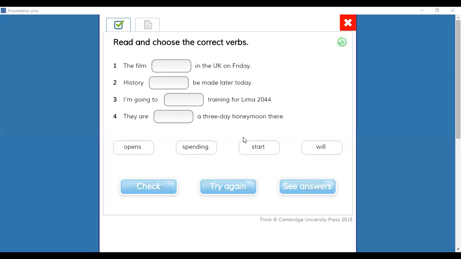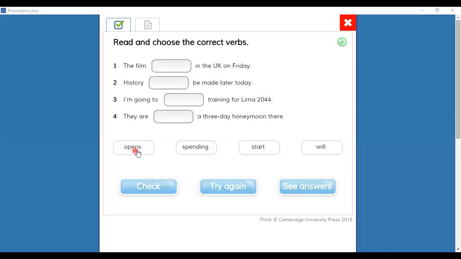Very close, Lady Coralie. Another idea. Wheel? The film will in the UK. No, because you don't have a verb. You need the verb. So will, no. Another?